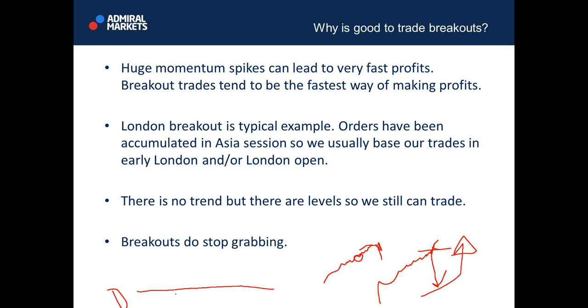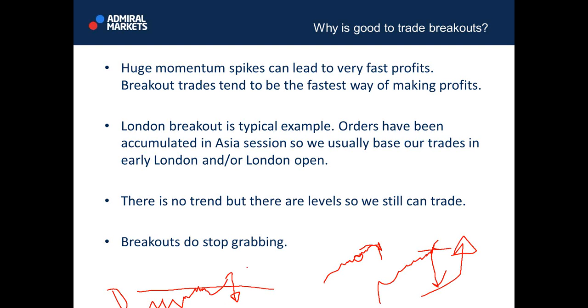Let's say that this is resistance, and you see that price has been trying to break this resistance all day long, and suddenly just after London close, or during the London New York session, price finally breaks that level. Your trade goes 5-6 pips in profit, then instantly comes back.